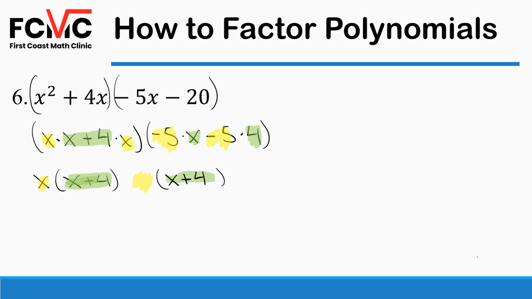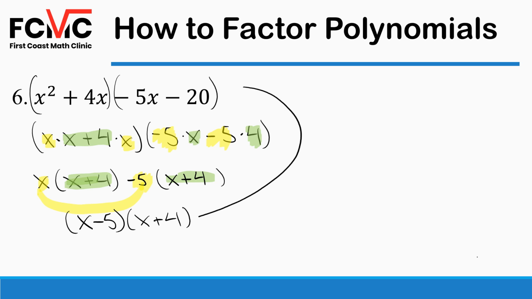We're going to factor that out. So we'll pull out the minus 5. Now we can group these two together. So we'll have x minus 5, and then x plus 4. And that's our factored x squared plus 4x minus 5x minus 20.